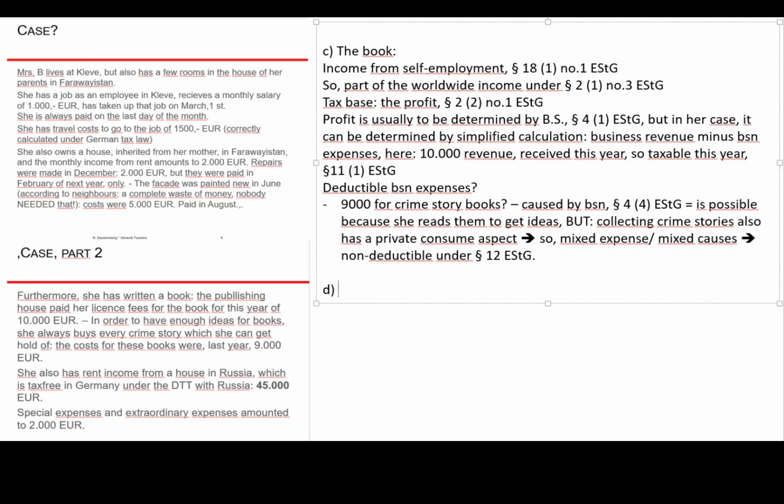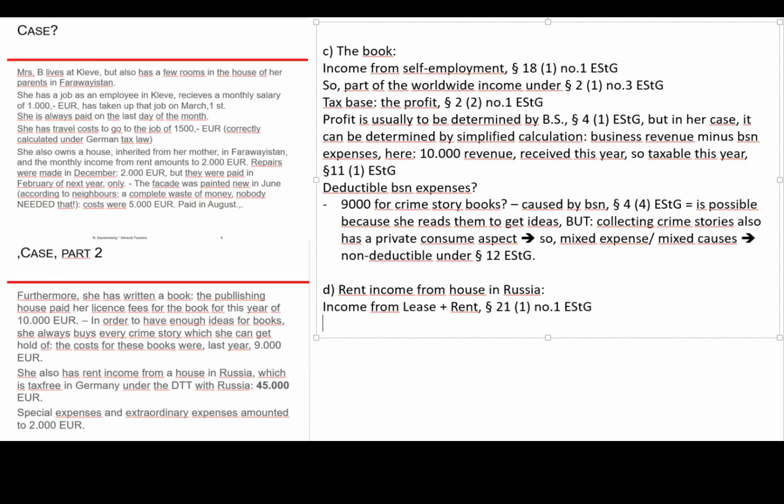D. Rent income from house in Russia. First question, is it a type of income? Yes, it's income from lease and rent, again under 21, number 1 ESTG.